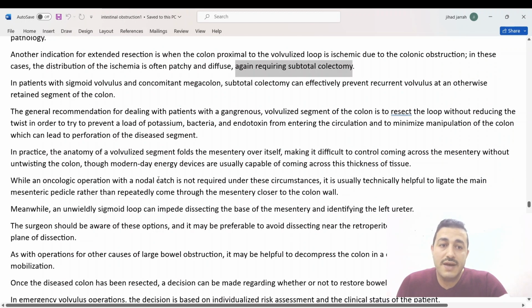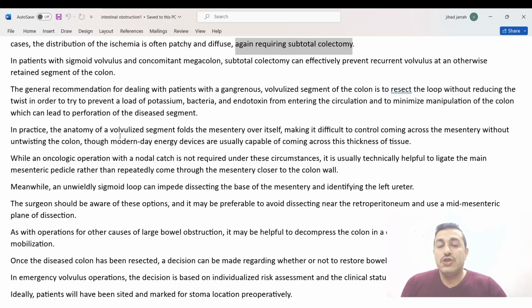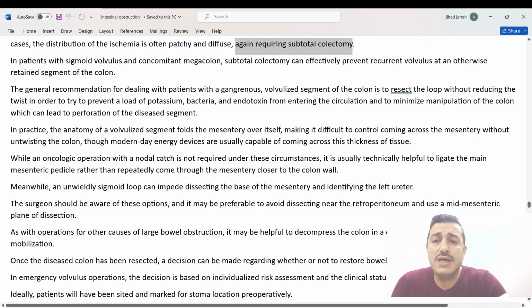What else do we have to add? One of the intraoperative recommendations is to do resection without detorsion of the volvulized part, because this is theoretically associated with potassium release, bacterial release, and endotoxin release.